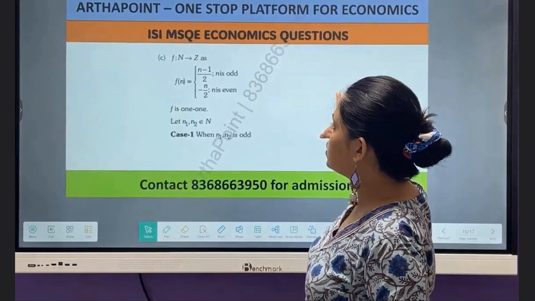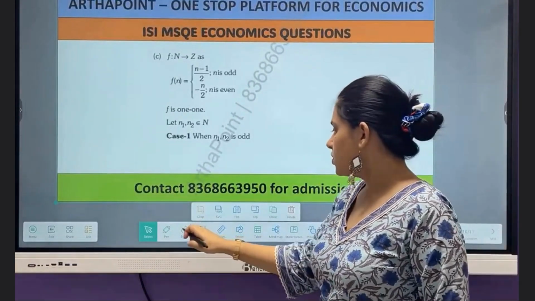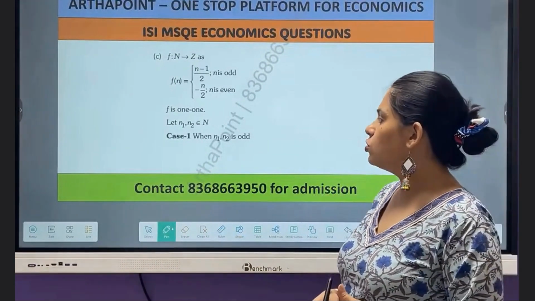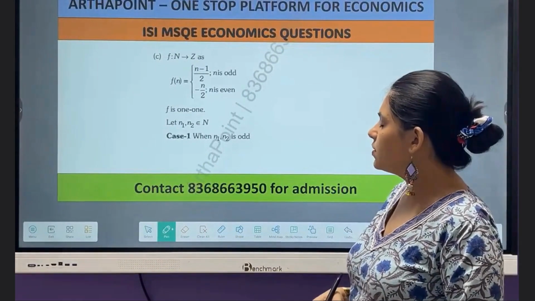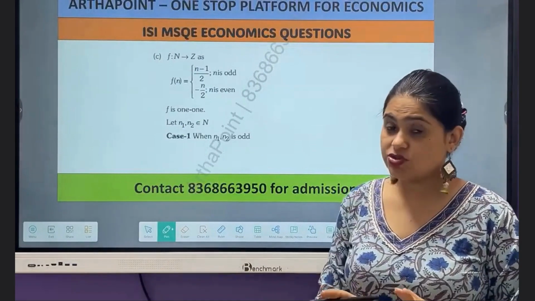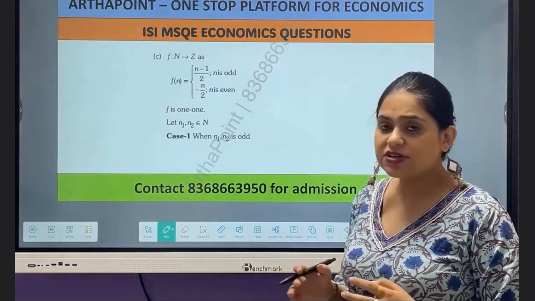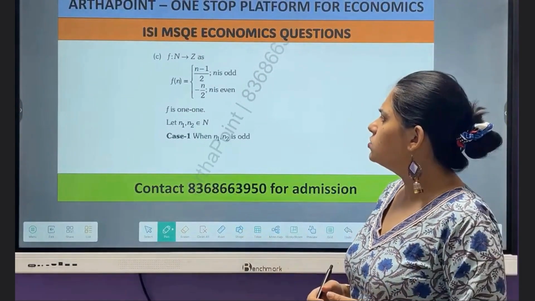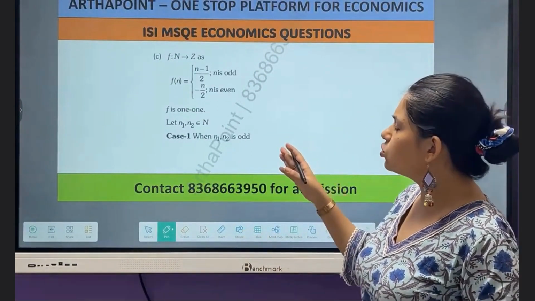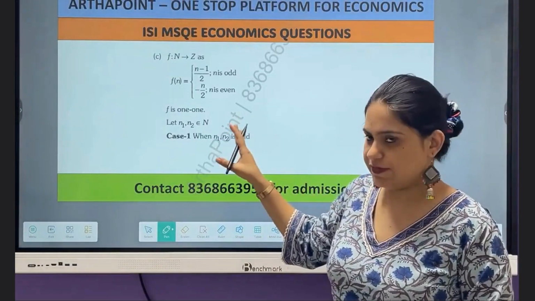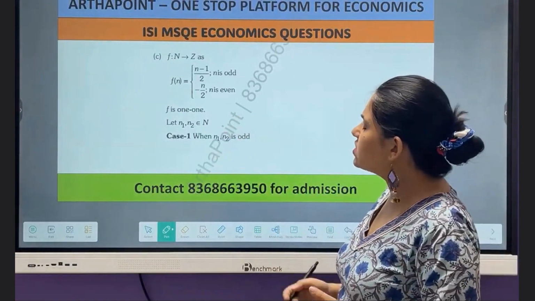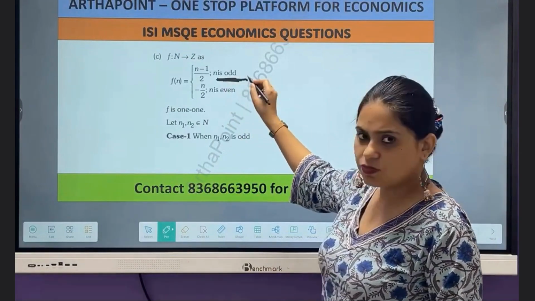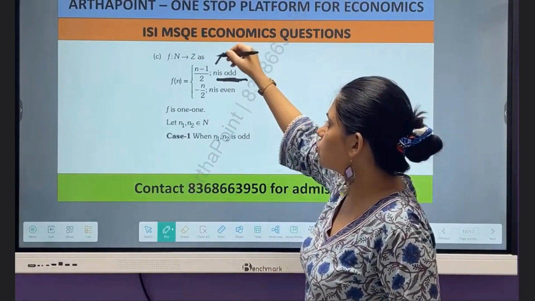I am going to take the first case. First of all, just try to think about it. First of all, I need to ask if it is one-to-one or not. The way that I have defined the function, if you put anything odd in n, you will get a corresponding value attached to it.